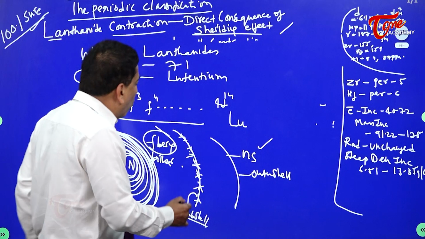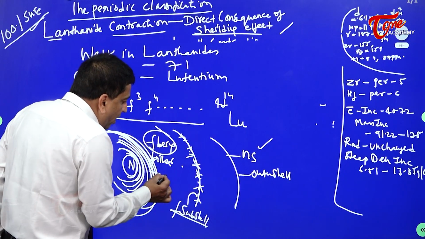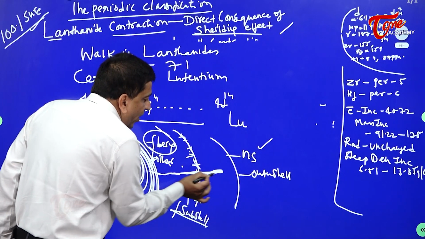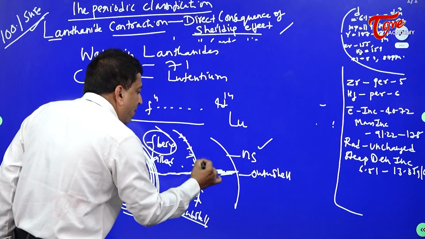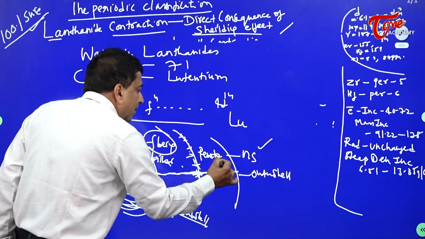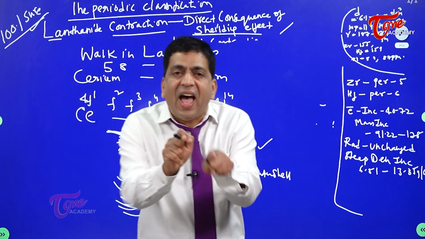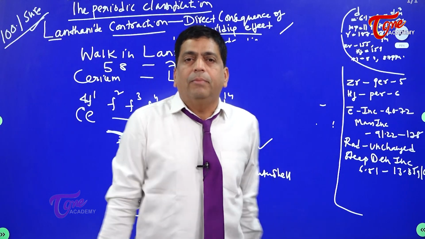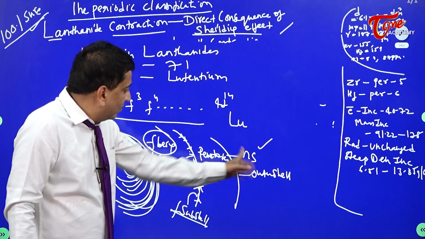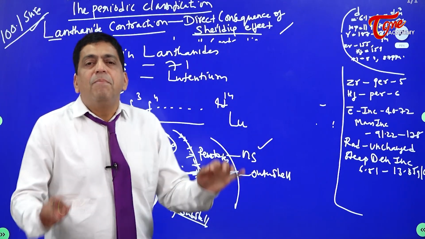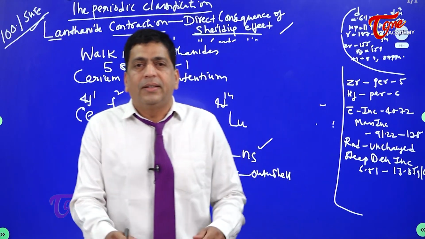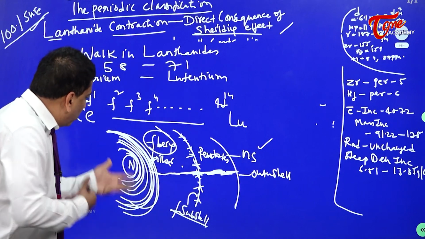But F being the worst shielder, the nuclear force of attraction penetrates through the F and falls on the outermost shell, because you are a poor shielder, because of your peculiar diffused shapes, you have holes. The nuclear size is increasing.